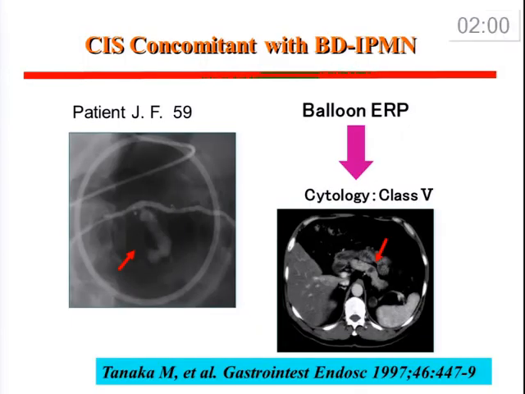This is the first case in the world where I found carcinoma in situ or high-grade dysplasia concomitant with benign IPMN. After I confirmed that the body or tail of the pancreas is the origin of a positive cytology by endoscopic balloon segmental cytology to localize the carcinoma in situ preoperatively, we performed the left pancreatectomy for this patient.